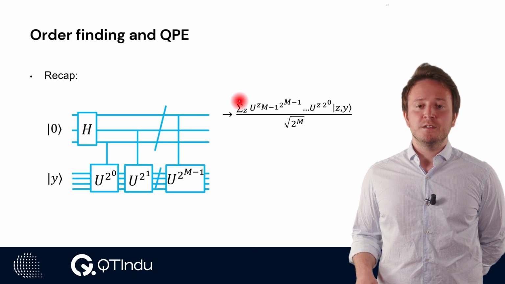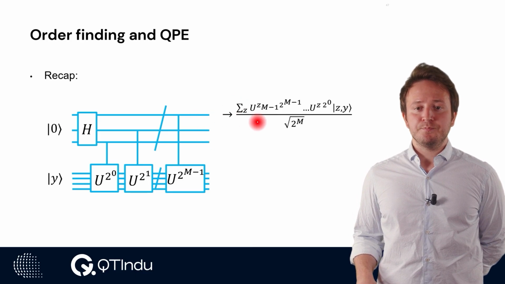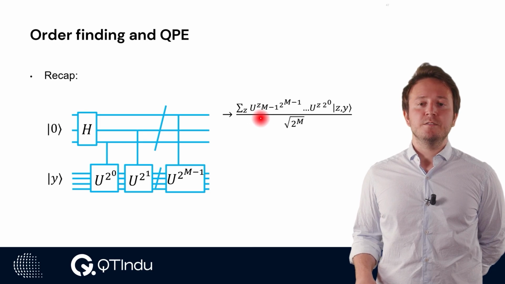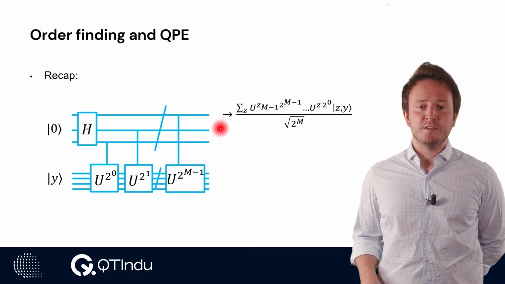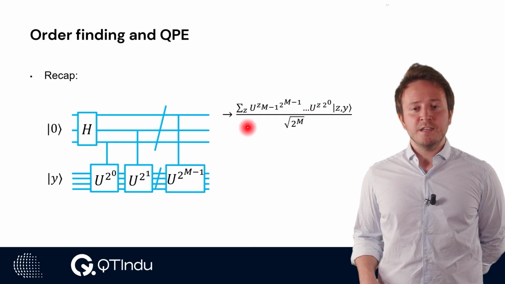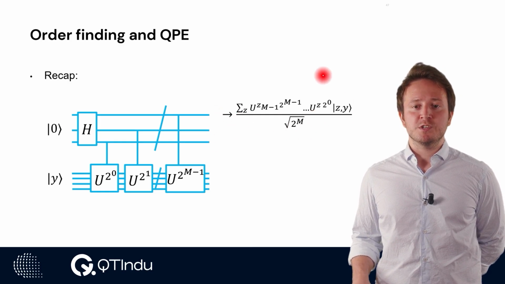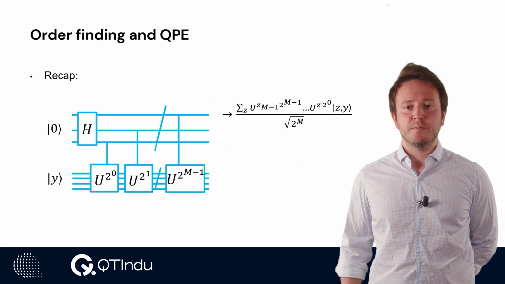Essentially, we apply the unitary a number of times that depends on which qubit is the control one, and at the end of the day we get a state that looks like the following state.